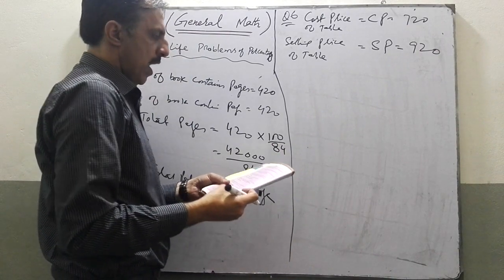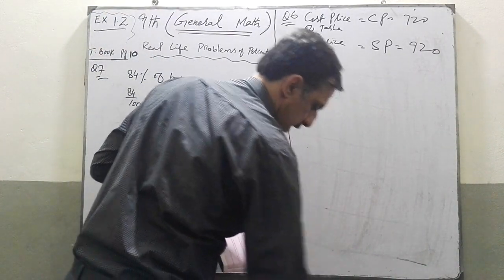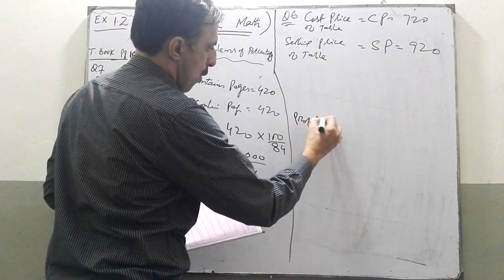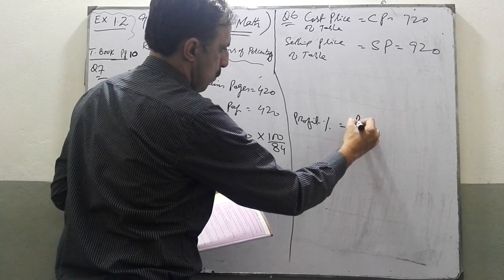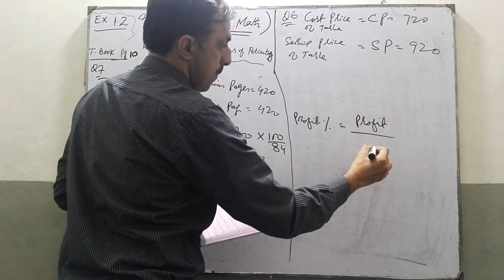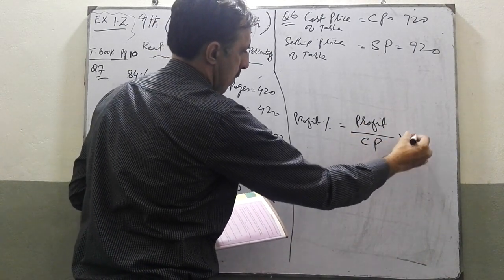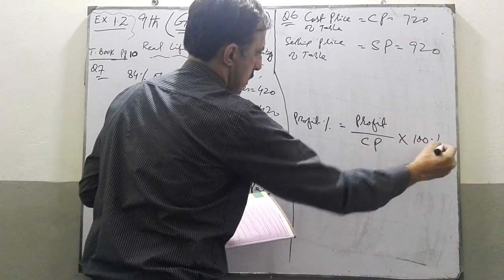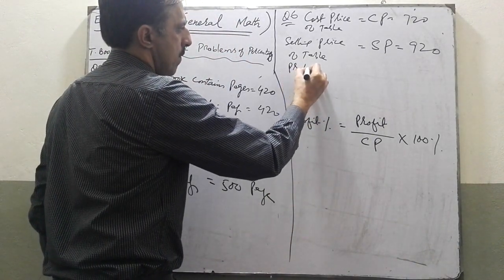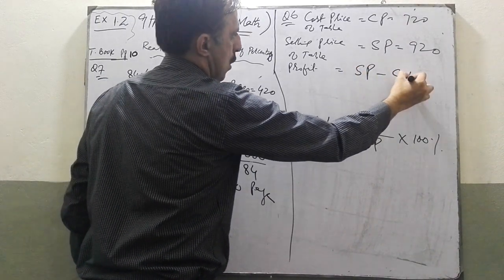Now we will find the profit percentage. Profit percentage formula is profit divided by cost price multiplied by 100%. This is the formula. Now first we find the profit. Profit means selling price minus cost price.